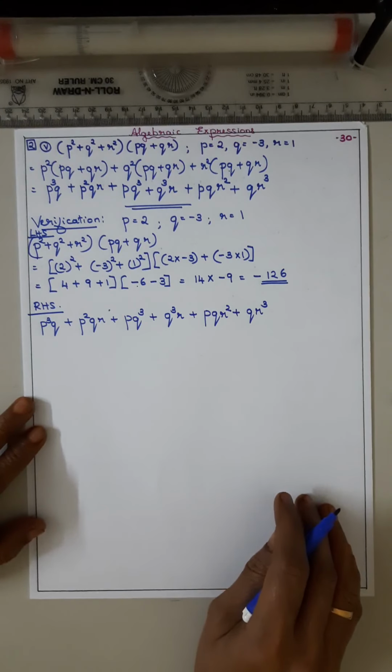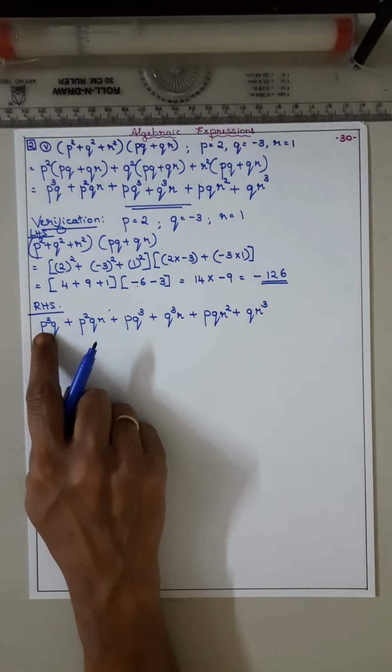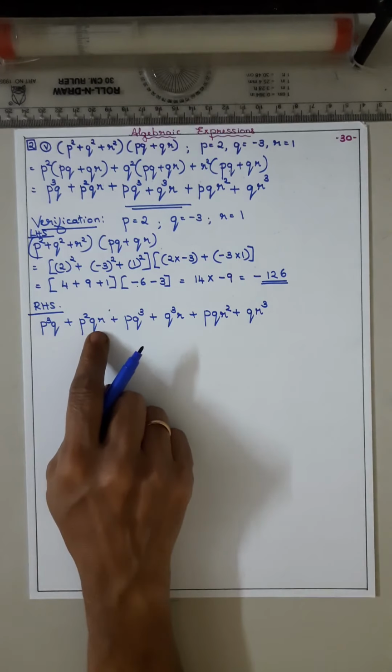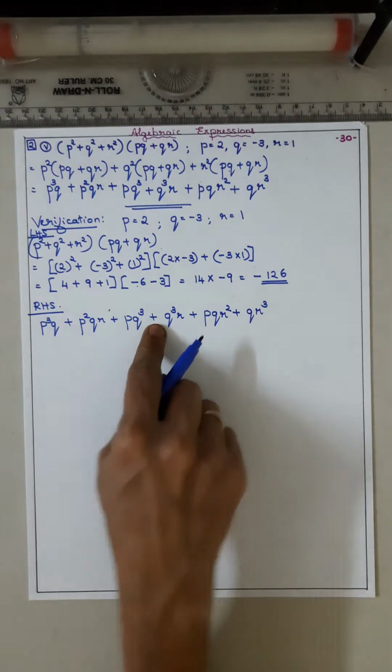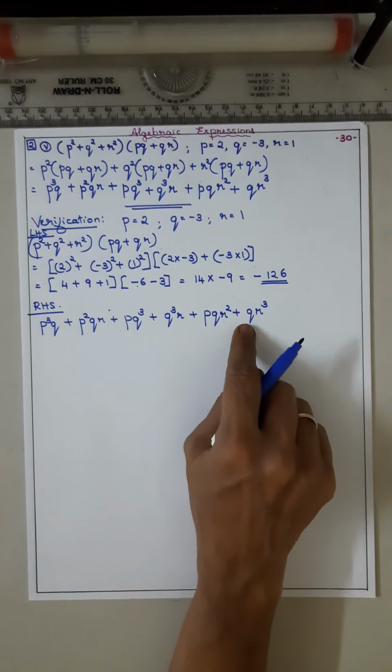Please, while copying, take care. So again check: P cube Q plus P squared QR plus PQ cube plus Q cube R plus PQR squared plus QR cube.